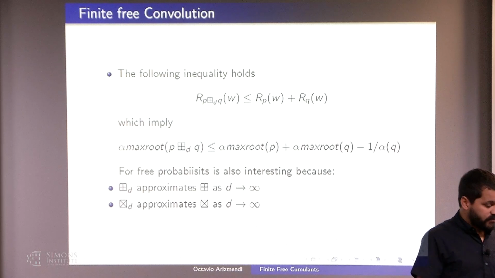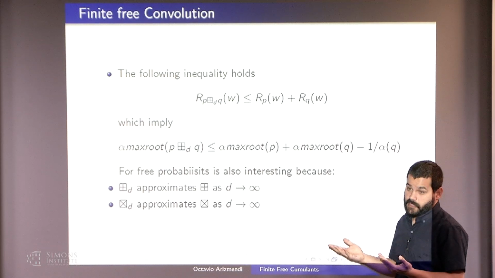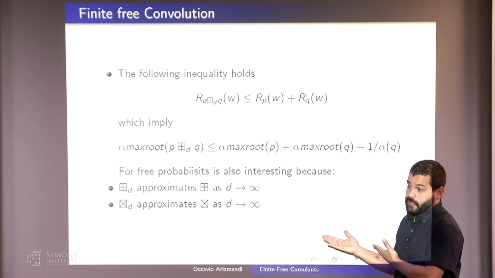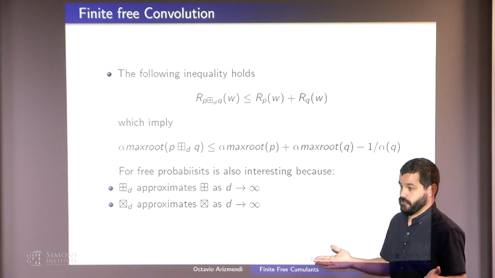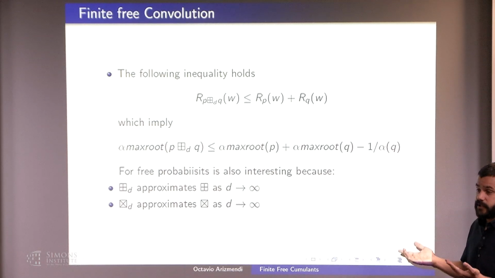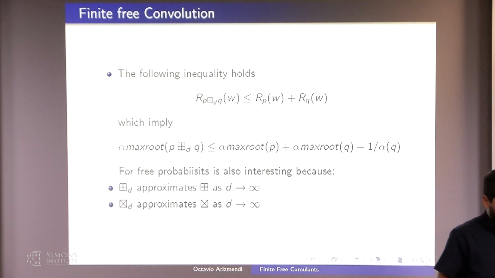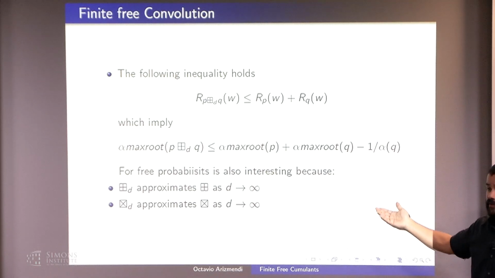So what I want to understand is which properties from free probability already appear in finite free convolution. And in fact, it may happen that new properties that we didn't know in free probability can emerge from properties discovered in finite free convolution.